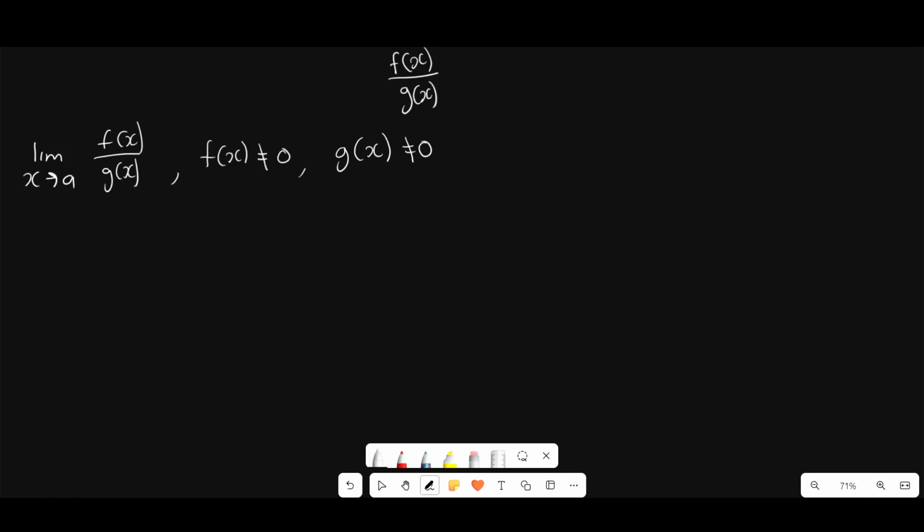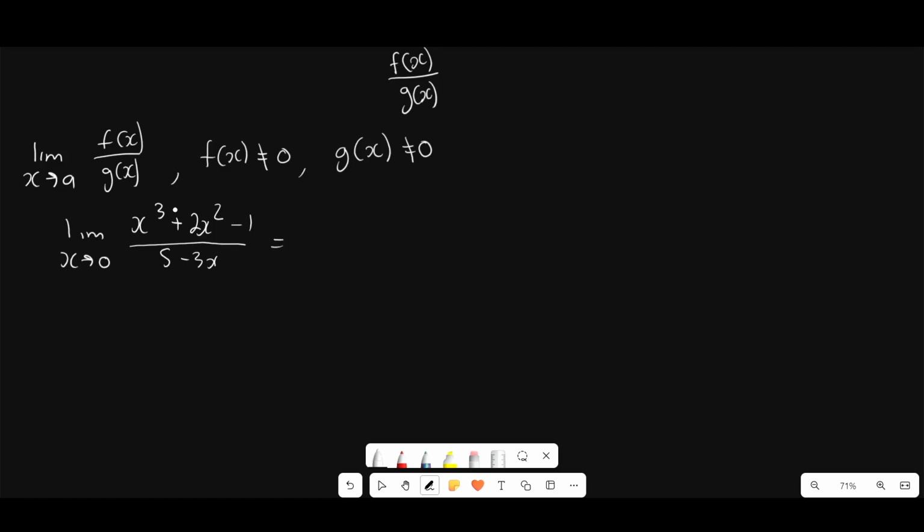Let us see what happens. Let's look at an example: the limit as x approaches 0 of x cubed plus 2x squared minus 1, all divided by 5 minus 3x. Go ahead and try this on your own and see what answer you get.